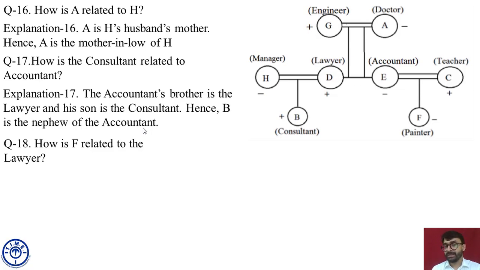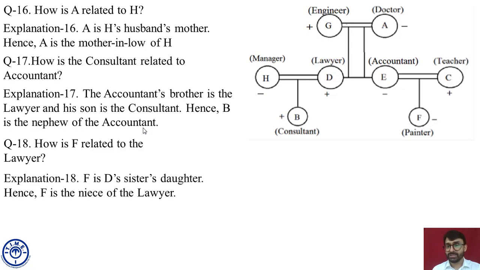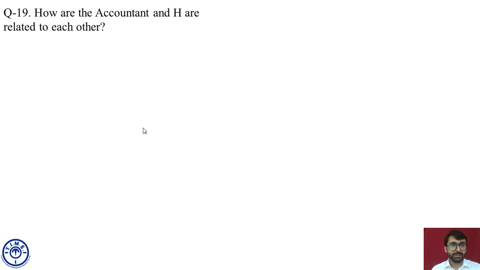F is a female, D is a male, D's sister is E, E's daughter is F. So F is the niece of D. Sister's daughter or brother's daughter for that matter is niece. And D is the lawyer.